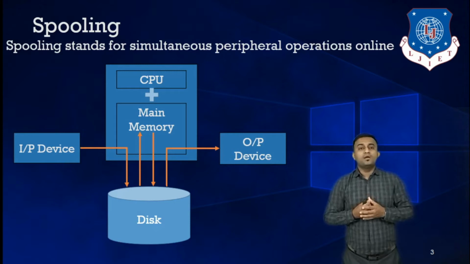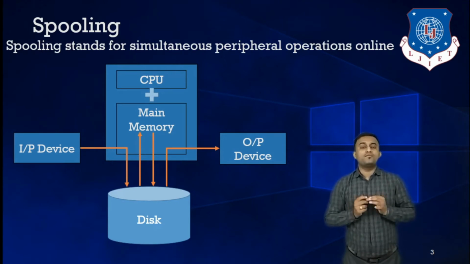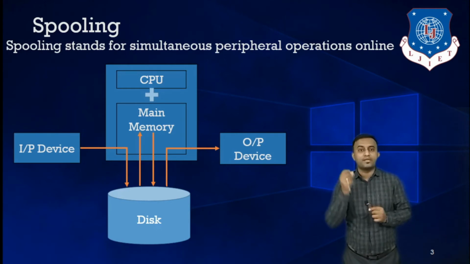So the main component of the computer system in this case is CPU plus main memory. Why have we introduced one special type of memory, called secondary memory?